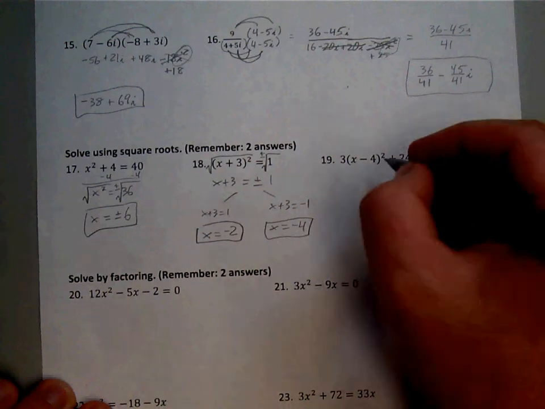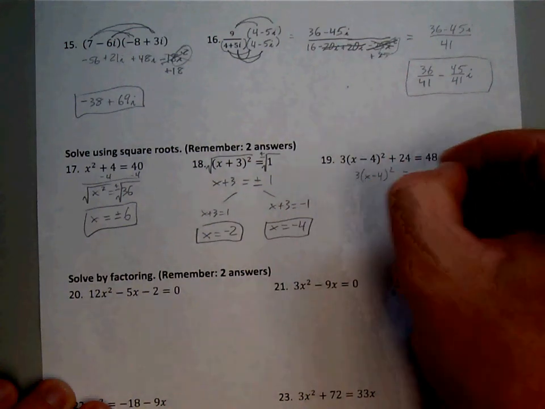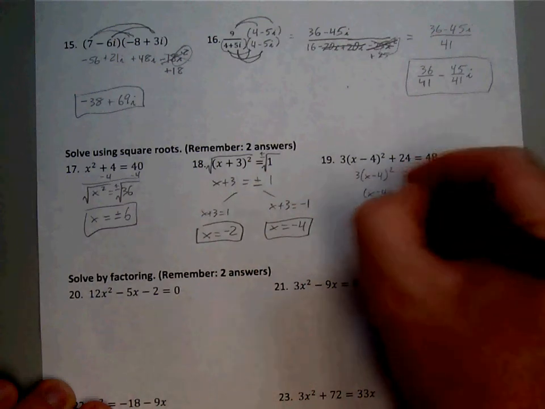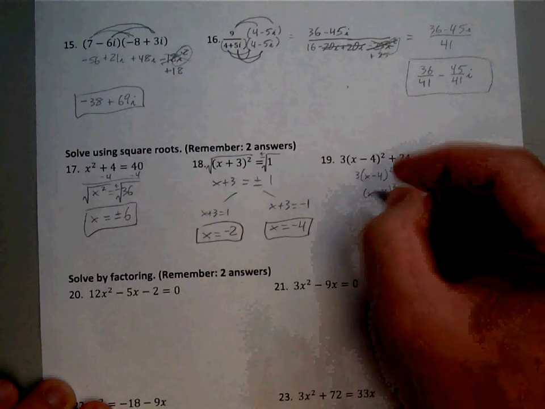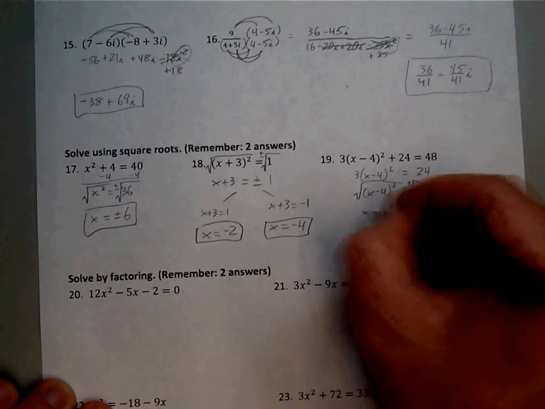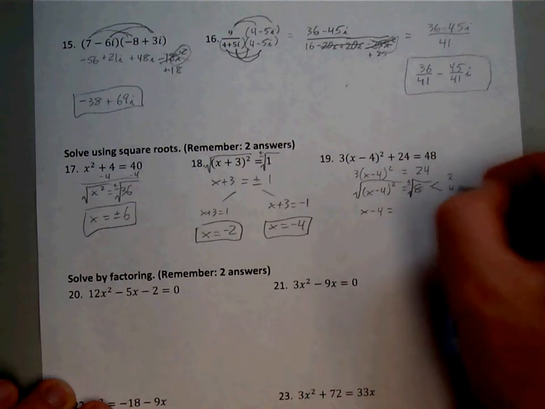19, I've got to subtract that 24 away. Divide by 3. Square root, plus minus 8, 2 and 4. 4 goes to 2 and 2.